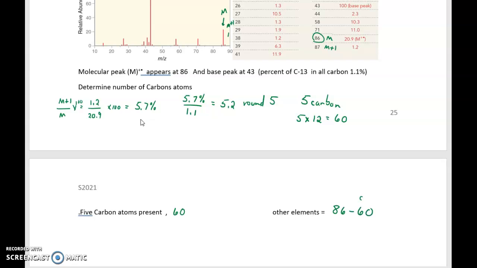Minus the mass of the carbons gives us 26. The rest of the molecule has to have a mass of 26.